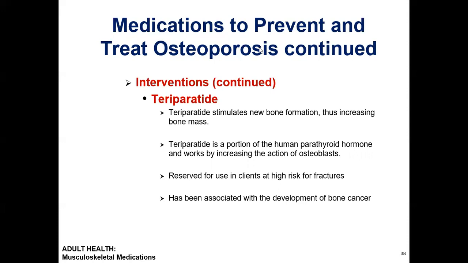Here they said it is a portion of human parathyroid hormone that works by increasing the action of osteoblasts, and is reserved for use in clients at high risk of fracture, and has been associated with development of bone cancer. So we have to be aware of this.